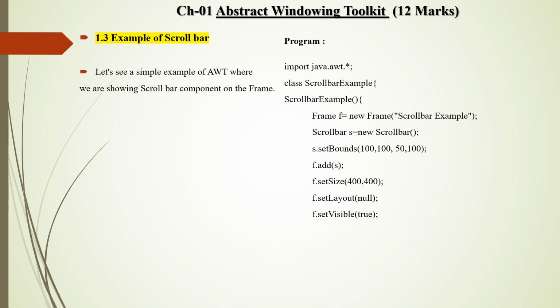And then we set the visibility of the frame by method setVisible. Then we define the main method, public static void main(String[] args), and in the main method we create one object of our ScrollbarExample class. s1 is the object of the ScrollbarExample class.